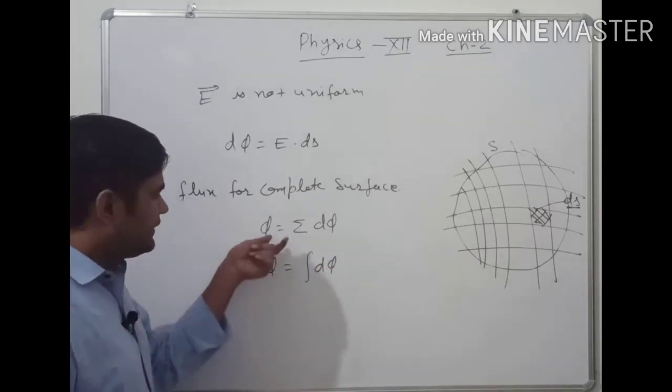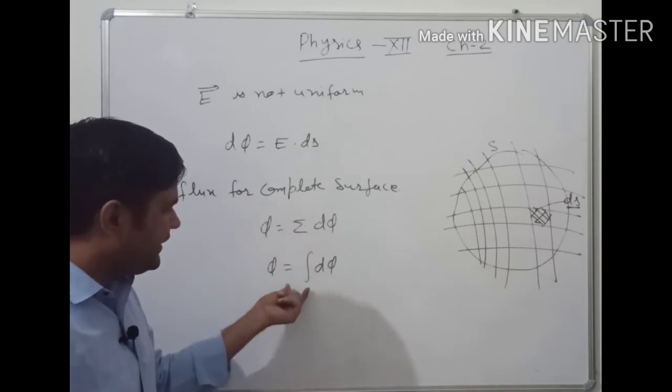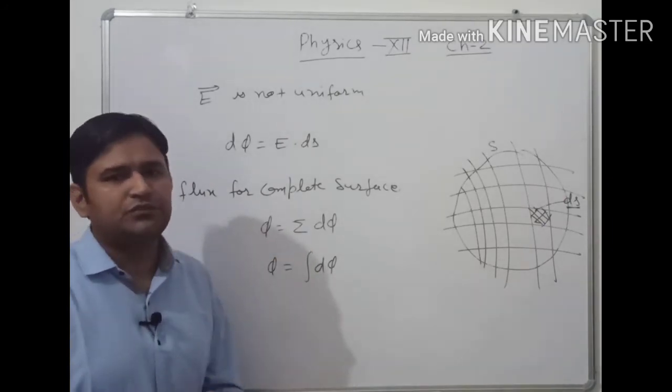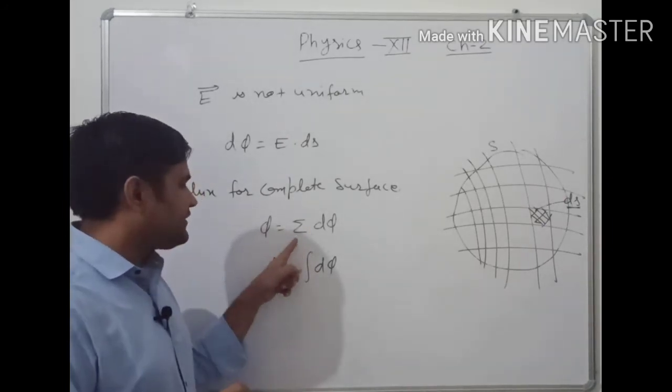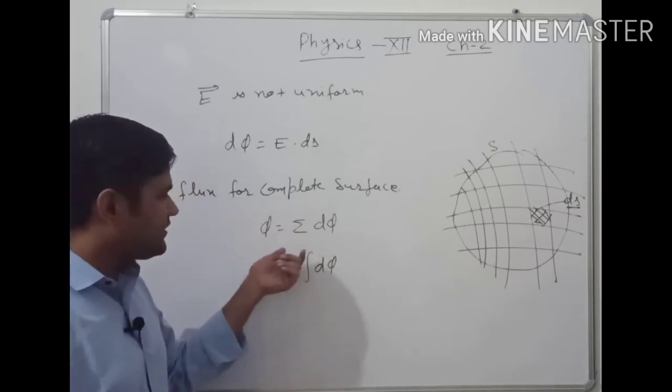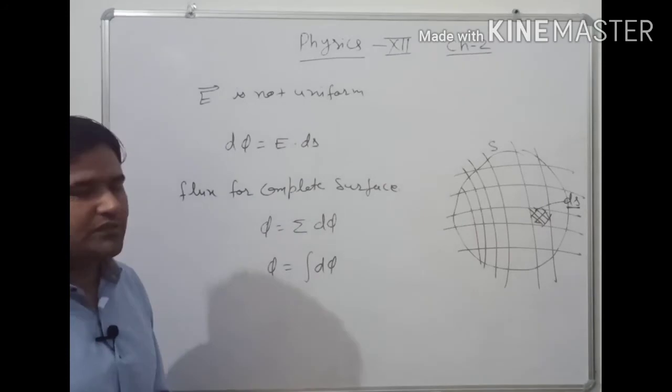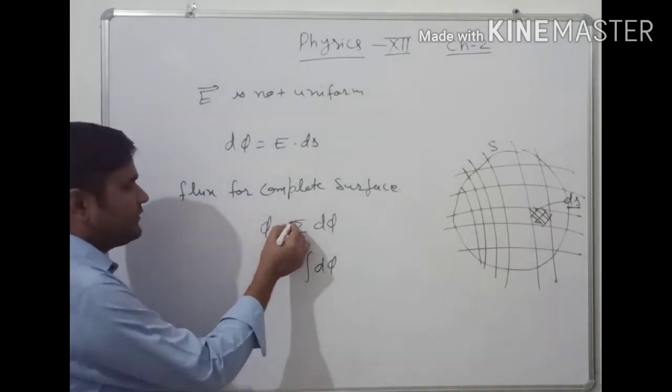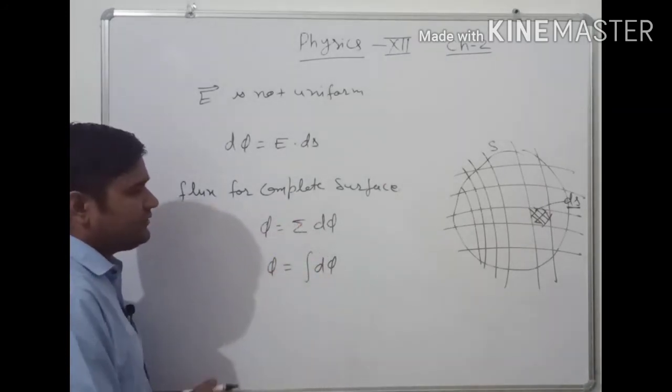Clear? One is for the discrete values, and the other is for the continuous values. Here we are using the summation sign, and here we are using the integration sign. One time you used summation, the other time you used integration. It is for the discrete values and for the continuous values.